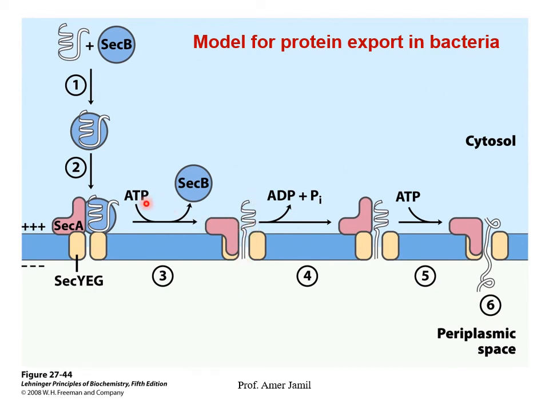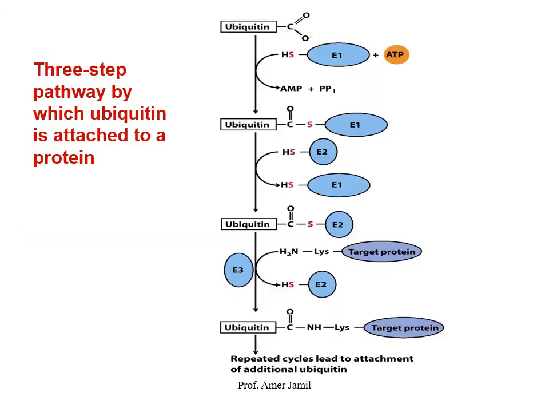And you may see that this is also an energy dependent process. ATPs are utilized here, and once inside the periplasmic space, this signal sequence will be hydrolyzed. So in this way, this is just an overview of protein export in bacteria.